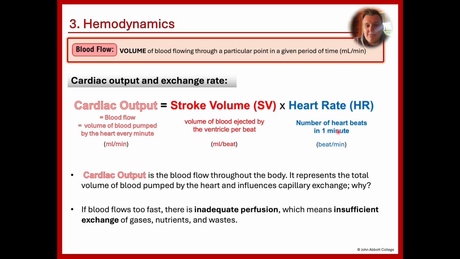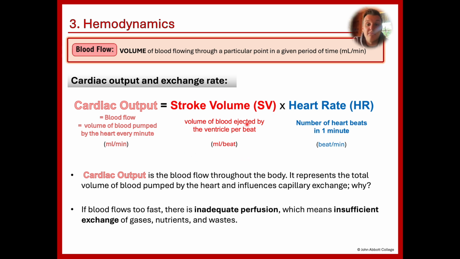So I like to think of transferring water from one bucket to another. If you had a small cup and you were taking water and putting it into the other bucket, and you had to keep transferring that water, and all of a sudden you were given a huge bucket and you were able to transfer a much bigger amount, that's changing the stroke volume.